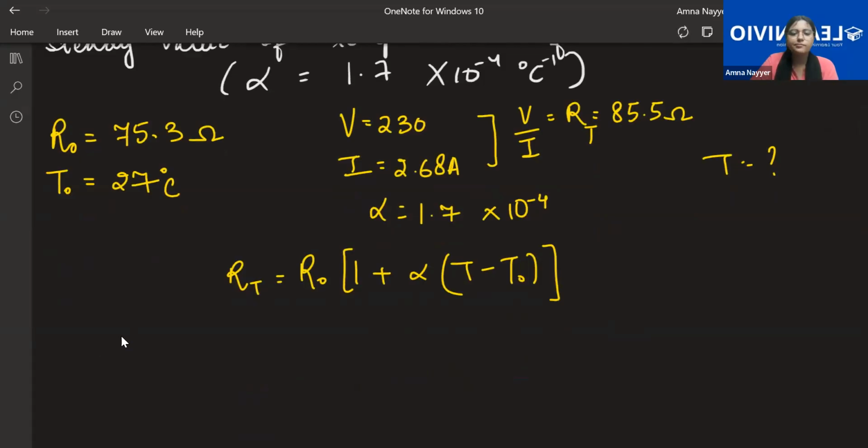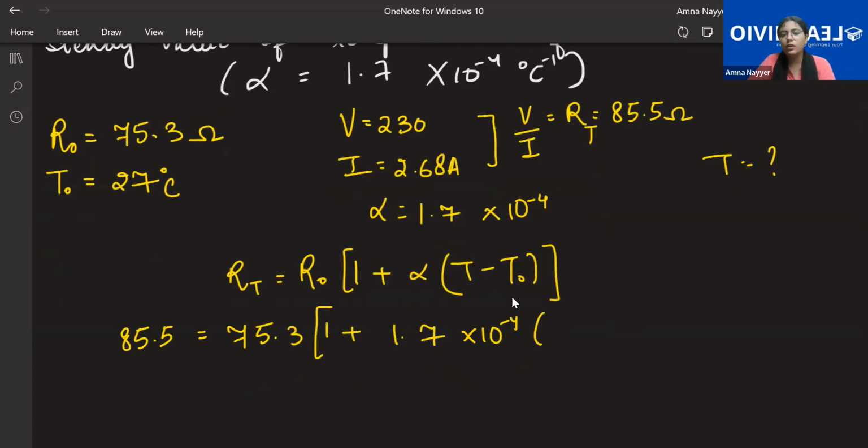R_T, 85.5, is equal to R_0, which is 75.3, times (1 + alpha, which is 1.7 into 10 to the power minus 4, times (T - T_0)). T we don't know, T_0 is 27 degrees Celsius. This is one equation, one variable.